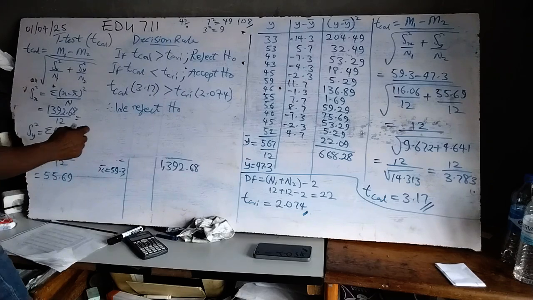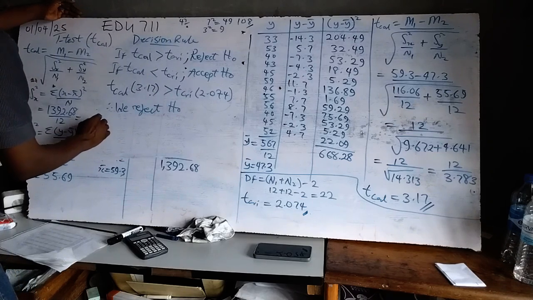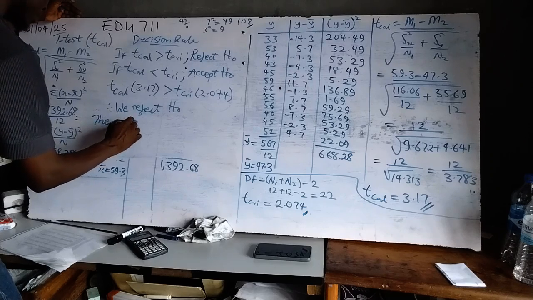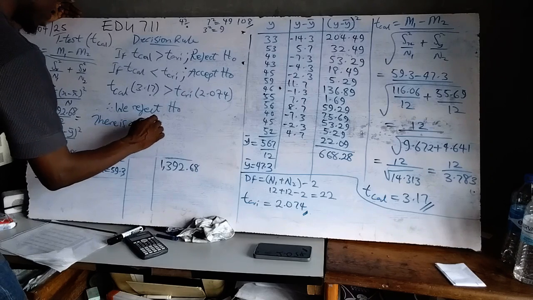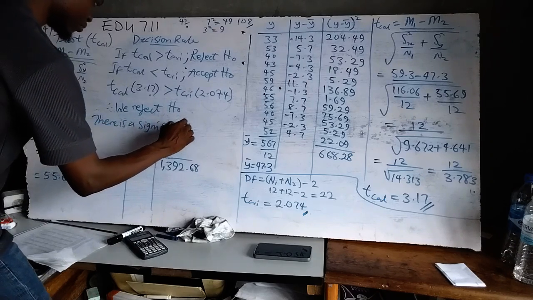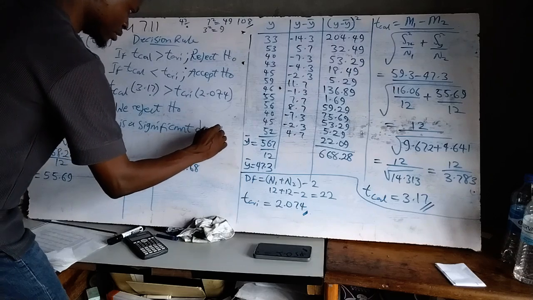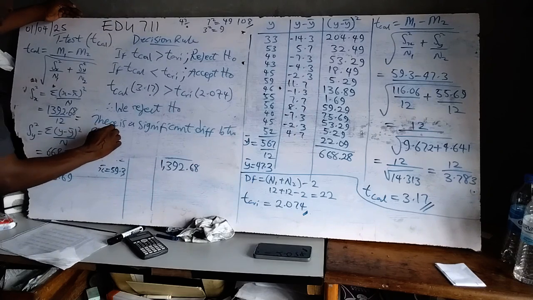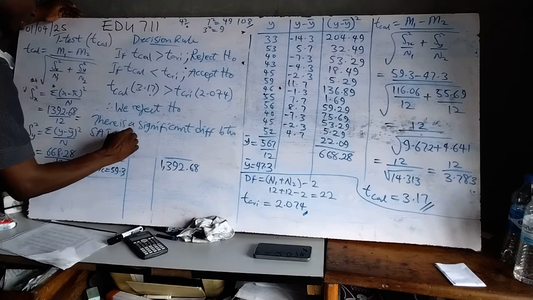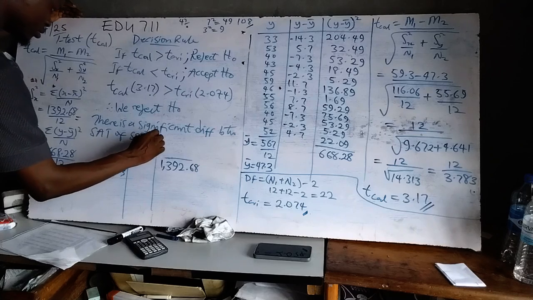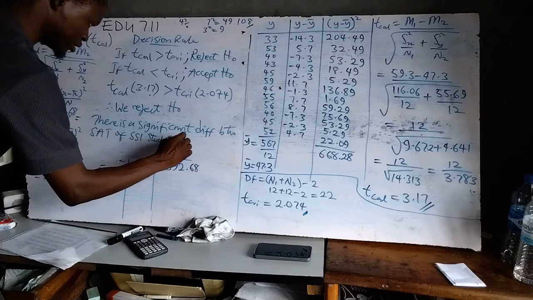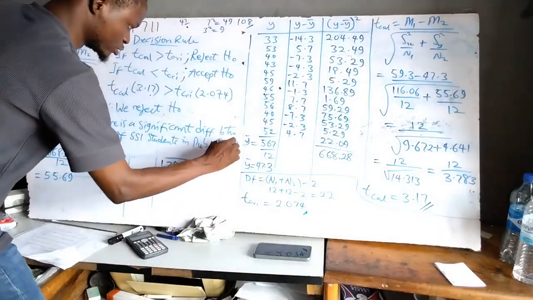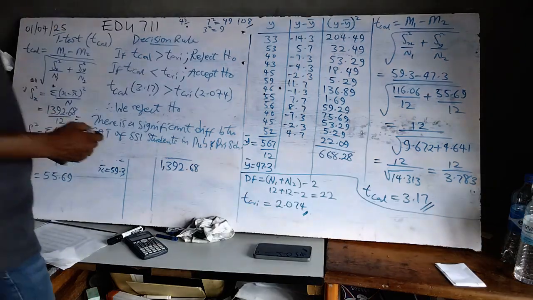So rejecting H naught means that there is a significant difference between scholastic aptitude test of SS1 students in public and private schools. That is the end.